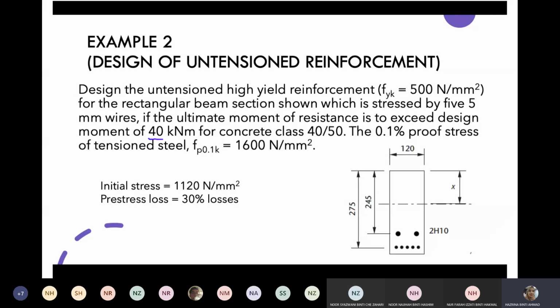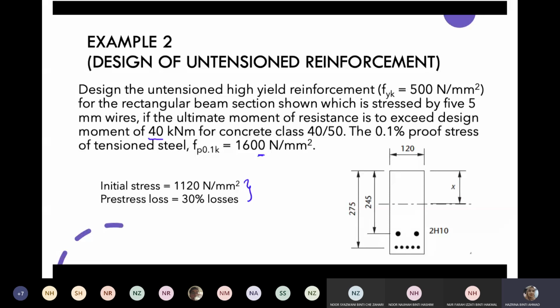Then the proof stress is given as 1600 Newton per millimeter square, similar to the previous example. Similarly with the initial stress and the pre-stress loss value, we are using the same values as for example 1. So this is the section.